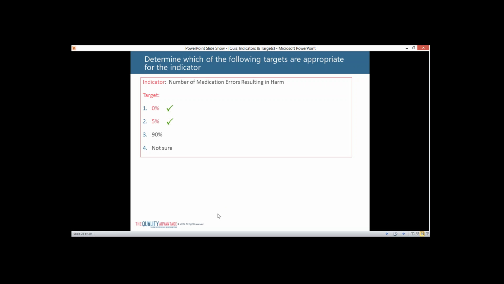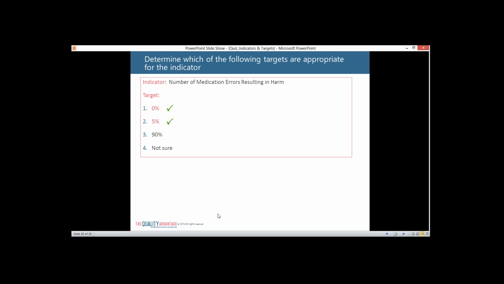So either number 1 or number 2 would have been correct answers. This is an outcome measure, medication errors resulting in harm. For an outcome measure, we use that page that had different guidelines on it. If the target was 0%, it would be theoretical best. If it was 5%, that might be a stretch goal based on where the organization was at in terms of baseline.